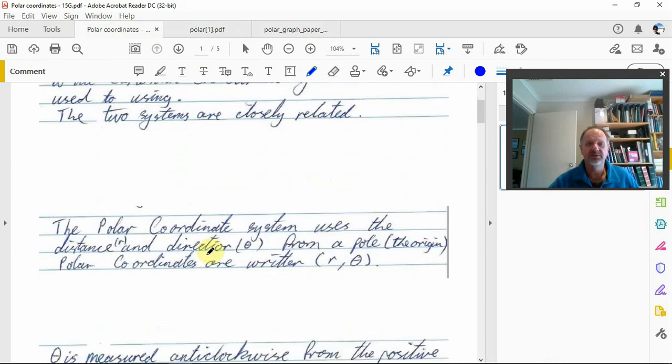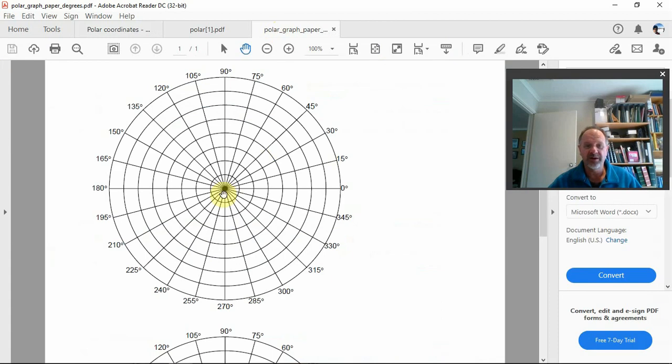So the polar coordinate system uses the distance r and the direction theta from the pole, and you saw those on the polar graph paper. Here's the pole, and the distance from it, so 1, 2, 3, where I've got my hand here, it's 3 from it, and 15 degrees.